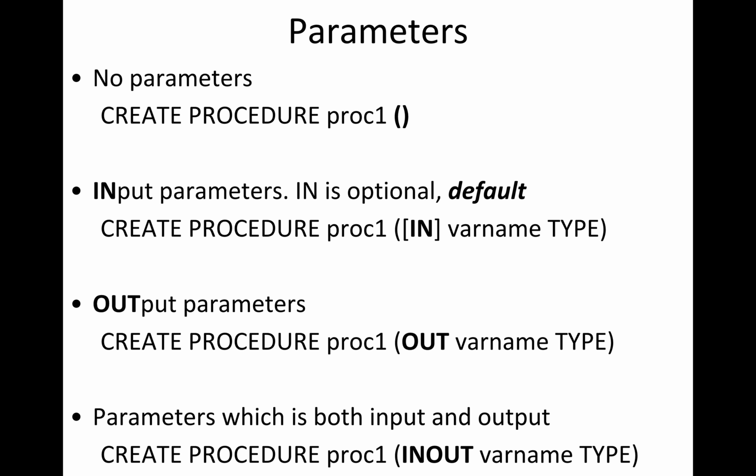Now you can pass parameters using parentheses. You can declare inputs, right, that can be fed into the query, or you can also declare outputs. So you can have variables that are only going to be used for inputs, meaning you can't write to them inside of the procedure, right? Any modification will be lost.